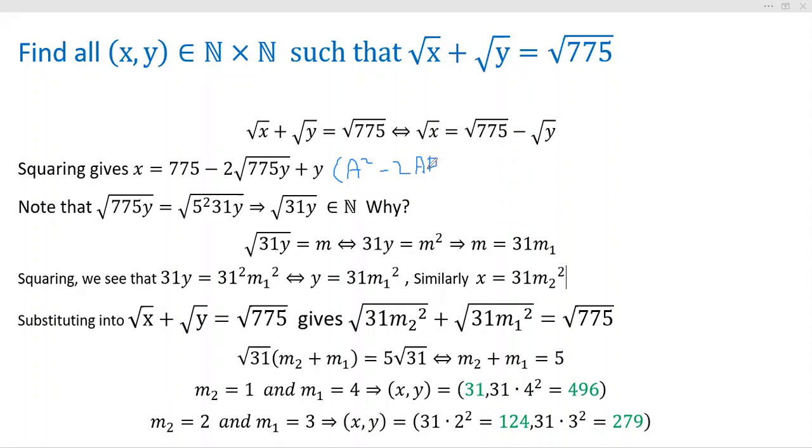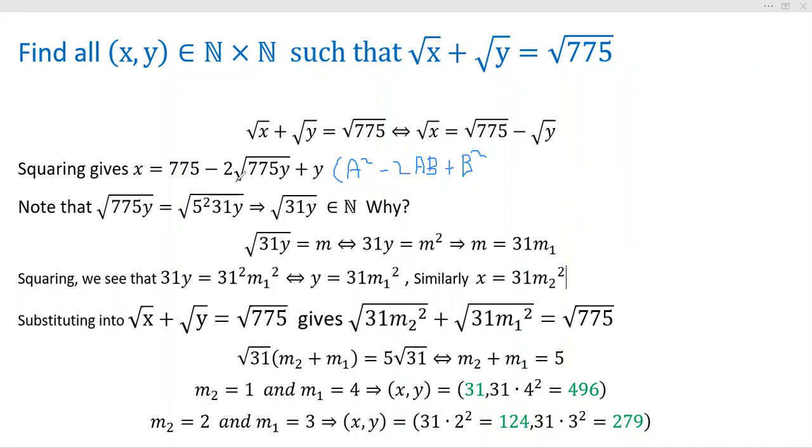A lot of you probably don't need to see this, but I'm writing it down. So that's the form we get when we square the right-hand side. And when you square the left-hand side, when you square the square root of x, you just get x, right? So that's how we get x isolated in terms of y.